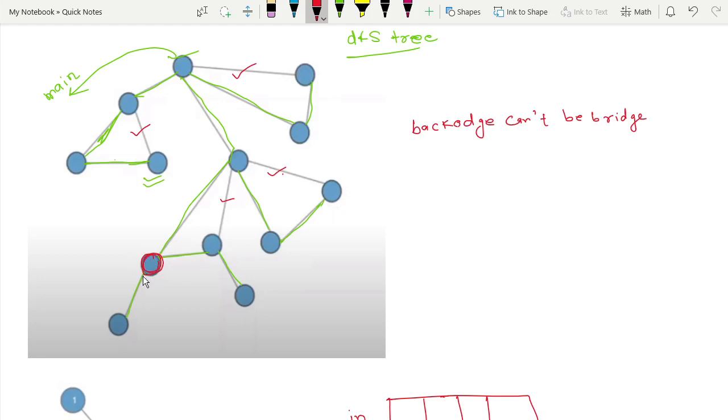Then there may be the case when its child is not yet visited. The second case can be that the child is visited already, and the third case may be that it is its parent, which is this edge. So these are the three cases when any node is traversed to its child.